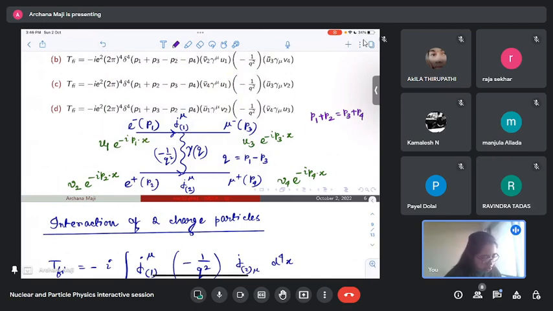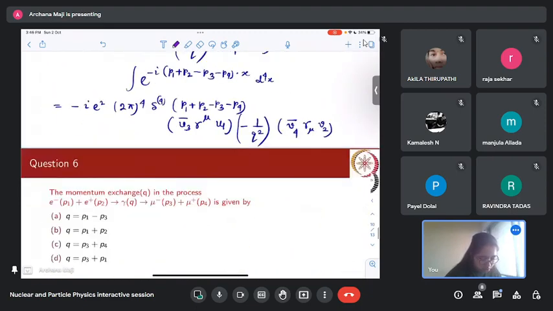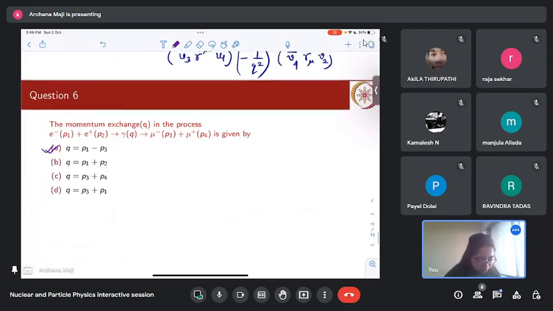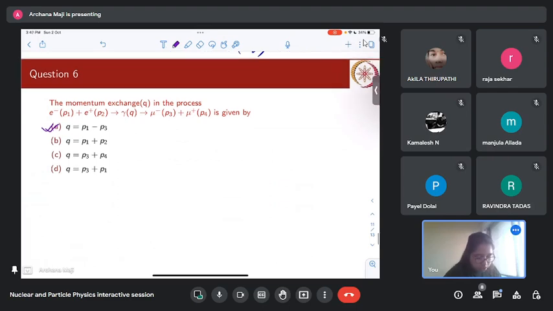So momentum exchange Q is either P1 minus P3, or that is the same as P4 minus P2. So if we check the options, option A is the correct option. That is the momentum of the photon Q.